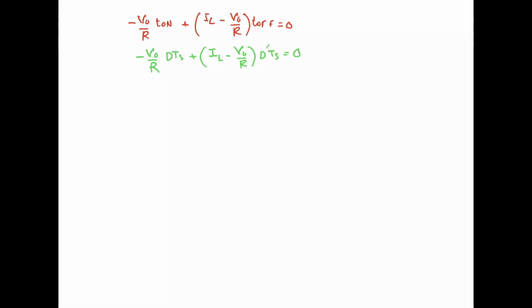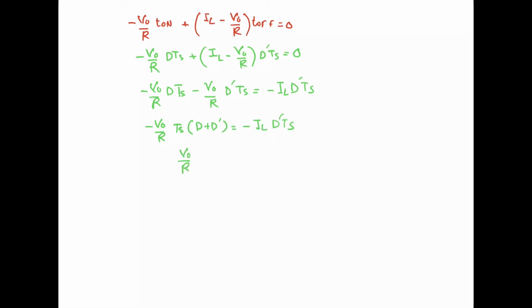That should be equal to 0. And expanding this equation, I can write it like that. This is minus V naught by R into D prime into Ts, that will be equal to minus IL into D prime into Ts. So from here I can write minus V naught by R into Ts into D plus D prime, that should be equal to minus IL into D prime into Ts.